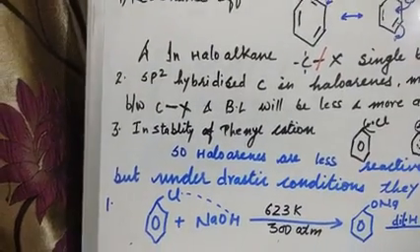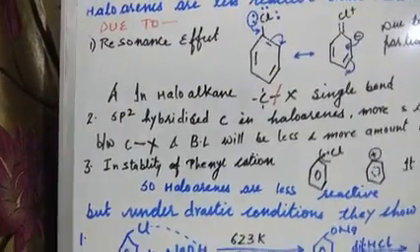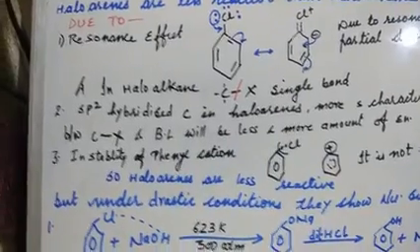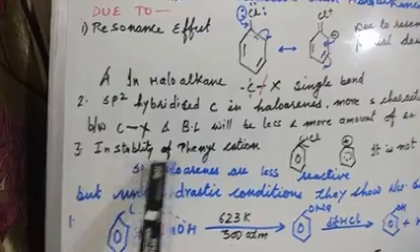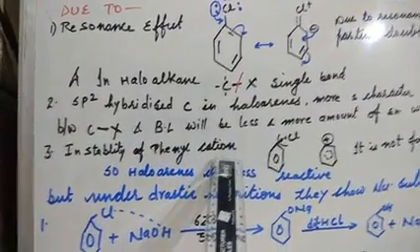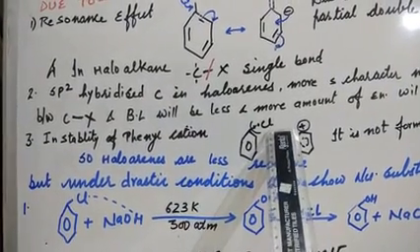Third reason is also there, students, but I am suggesting that whenever this question is asked, you have to write partial double bond character as the main reason. Here I am telling you the third reason also: instability of phenyl cation. What is this phenyl cation? As you know, a benzene ring with one X on it.